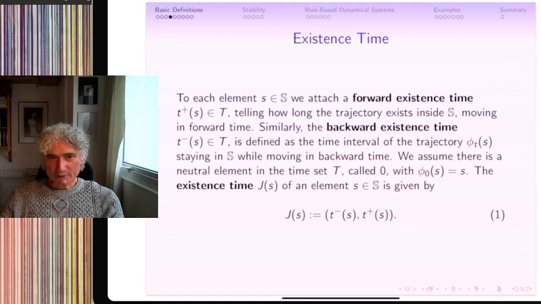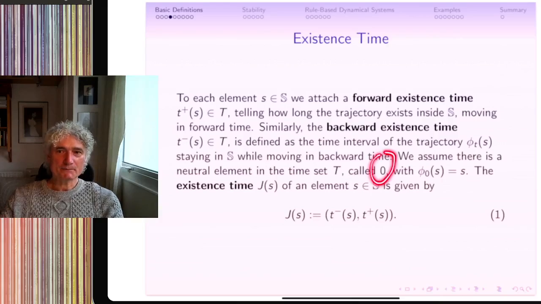And we also assume that there is some neutral element in the time set, which we will always denote by 0. And this has the property that if you apply this point of time to S, then nothing happens. So phi 0 of S is equal to S.